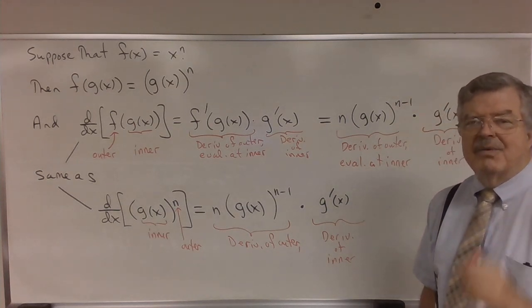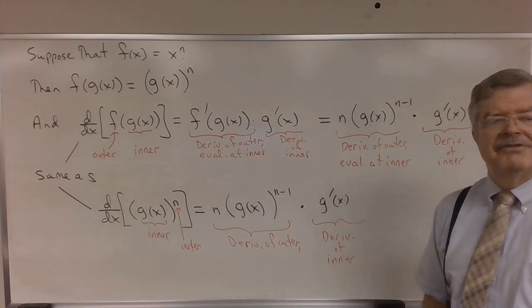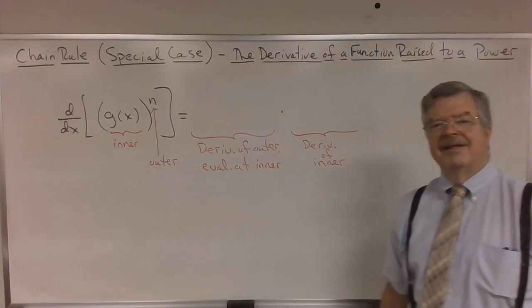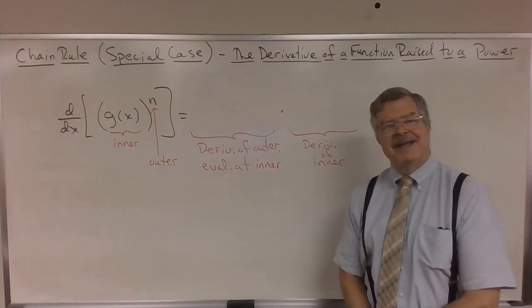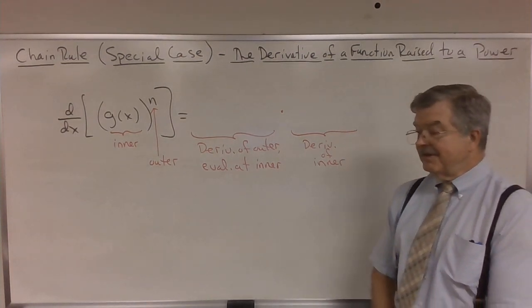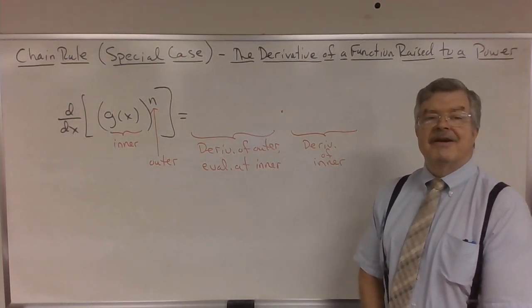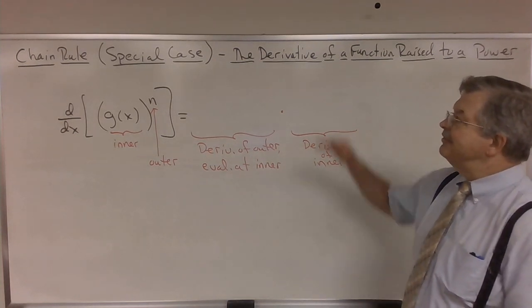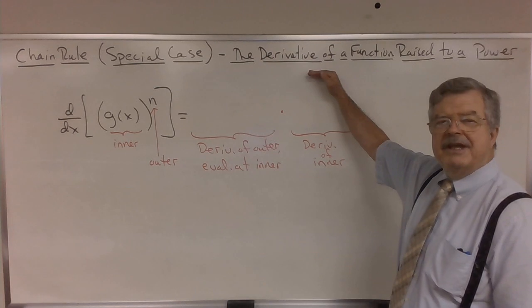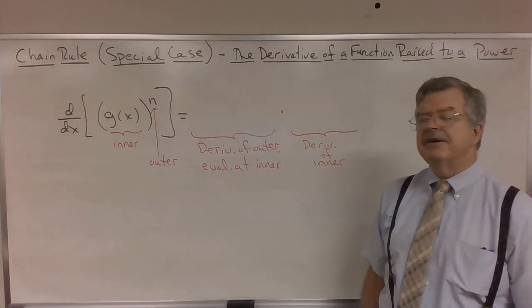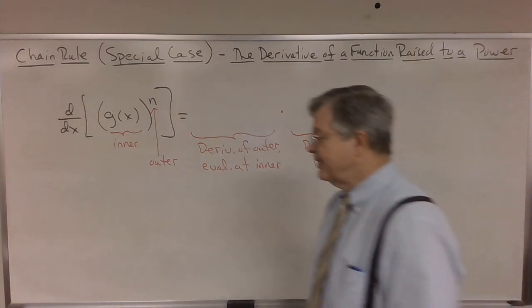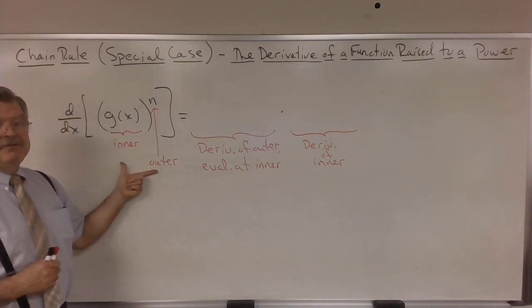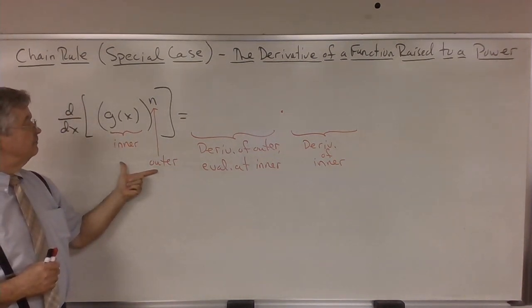So now we will summarize our case. Here I summarize my case. We have the special case of the chain rule, the derivative of a function raised to a power. And here's what the derivative of a function raised to a power looks like.